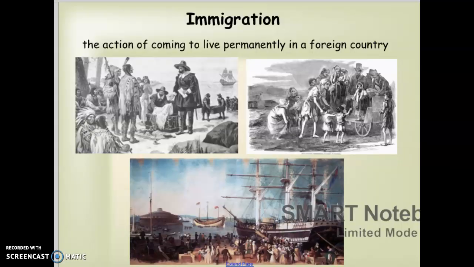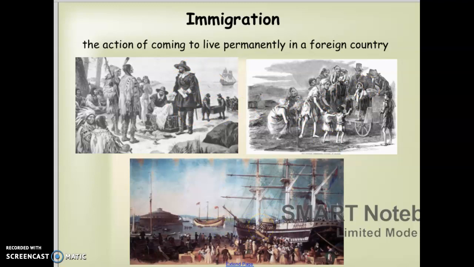My assigned chapter is immigration. Immigration is the action of coming to live permanently in a foreign country. You can see how different the Native Americans are dressed here versus the other people who are immigrating here. There's differences in the clothing, and this often involves large ships.